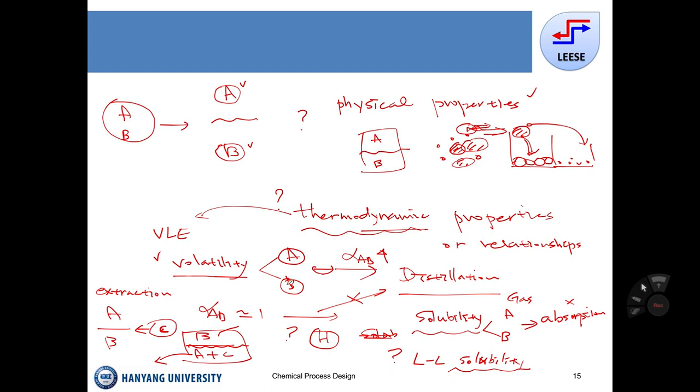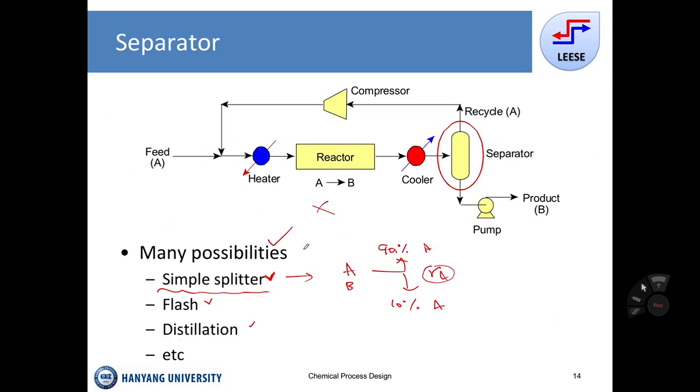So what I'm saying here is, based on the physical property and the thermodynamic property, we need to find a separator to match this separation task. So there are many possibilities. In the reactor you have a CSTR, PFR, and the batch reactor, so you don't have a large number of different reactor types.